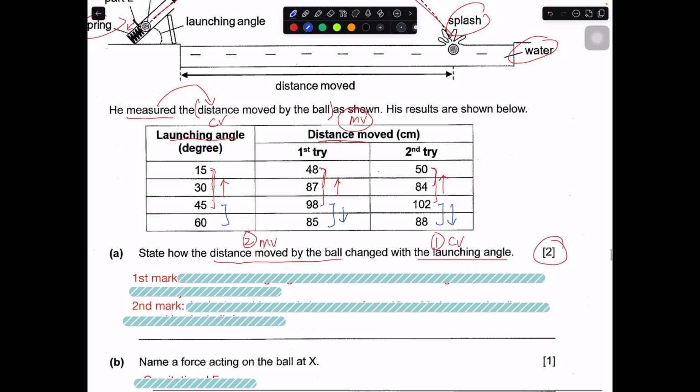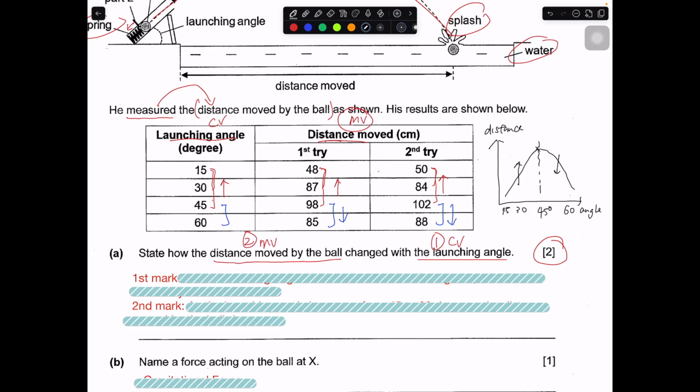So if I were to draw it on a graph, it will look something like this. This will be the angle. This will be the distance. There's a highest point here, so it looks something like this. Okay, this is 45 degrees. So this is up, this is down. So probably I can say 15, 30, then after that 60.